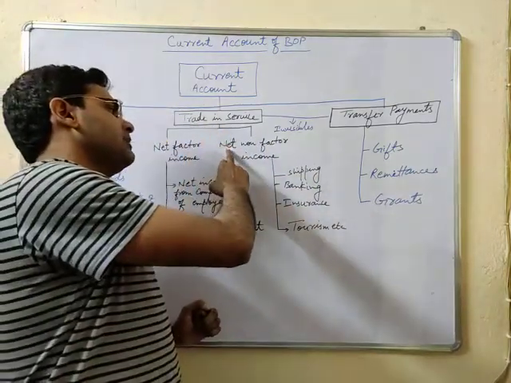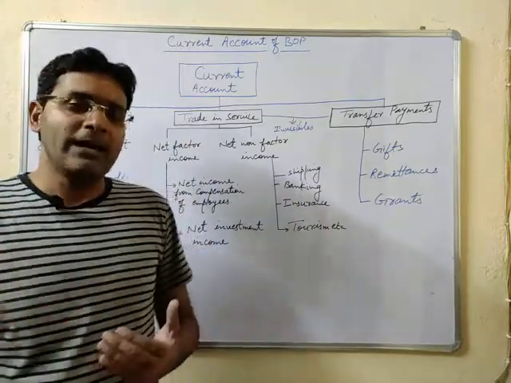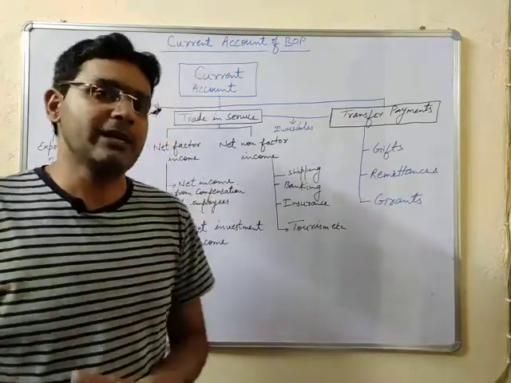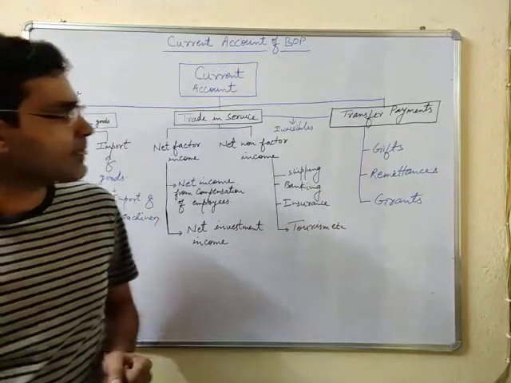Again, I am writing here net. Net means the income which is earned minus the income which is paid to foreign nationals. So the net part will be included over here.